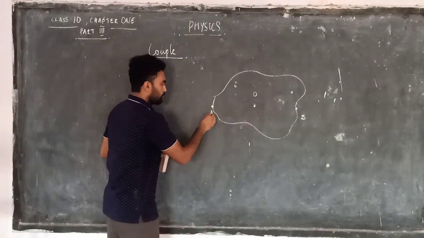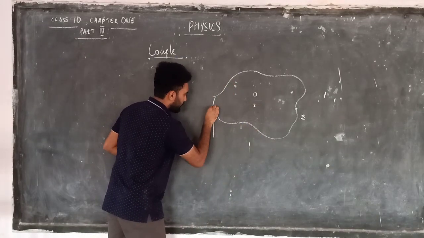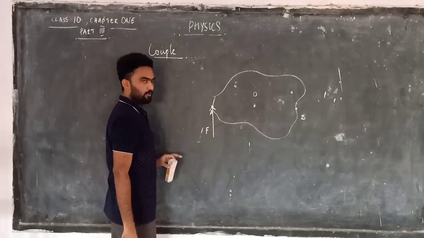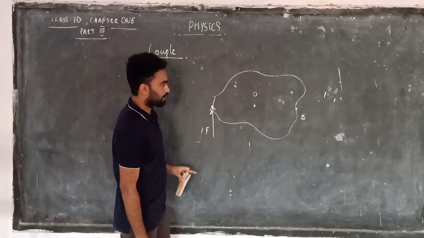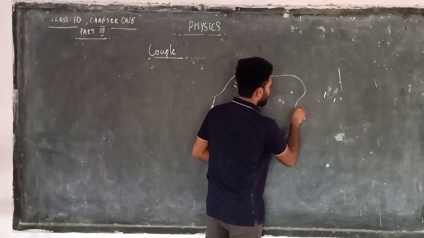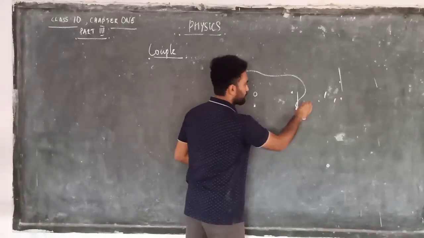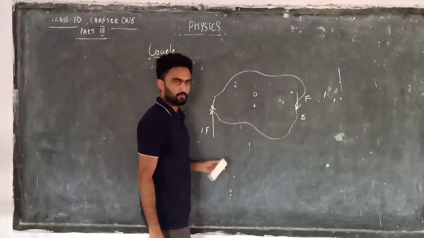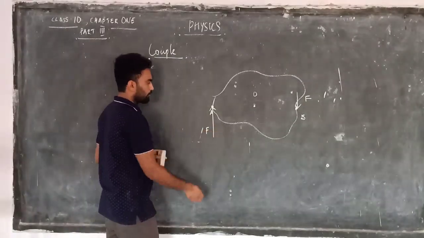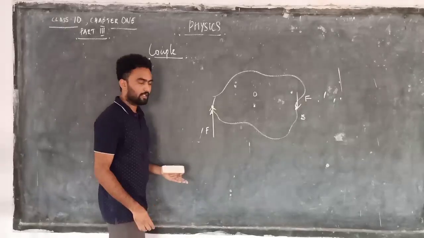Now two forces are acting on this particular body. Here, a force F is acting in the upward direction. In the same manner, on the point B, another force is acting in the downward direction, and the magnitude of the forces is the same. Clear? With these two points A and B, we can consider the lines of action.